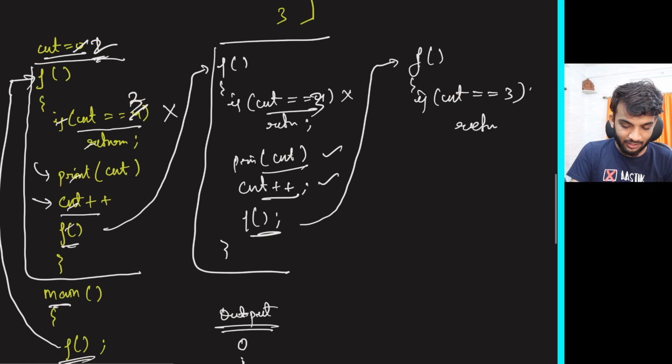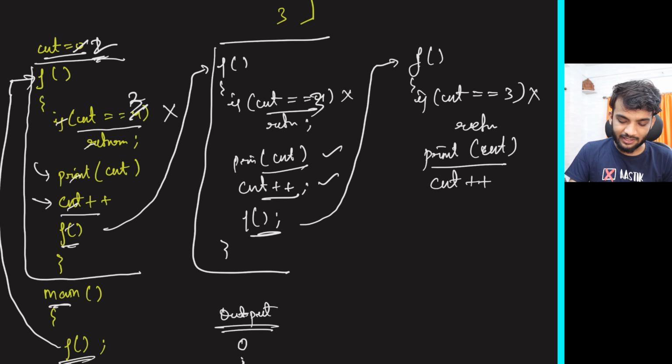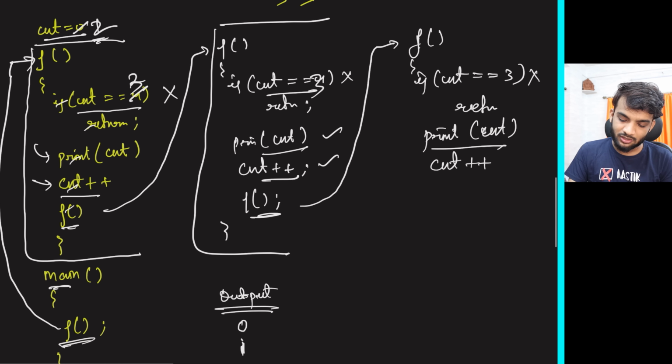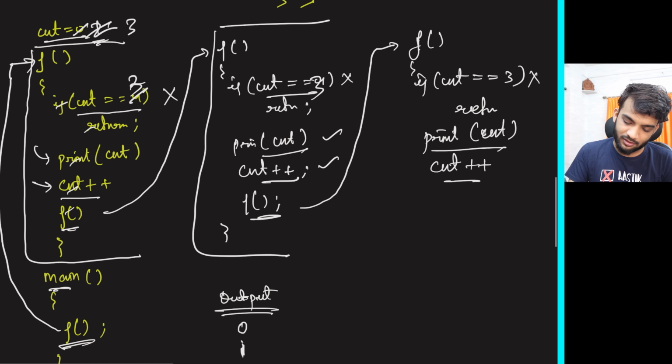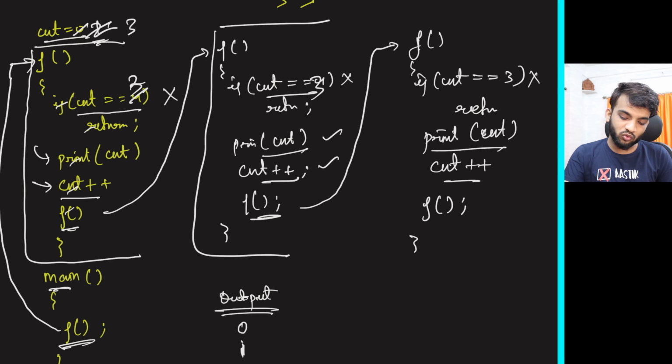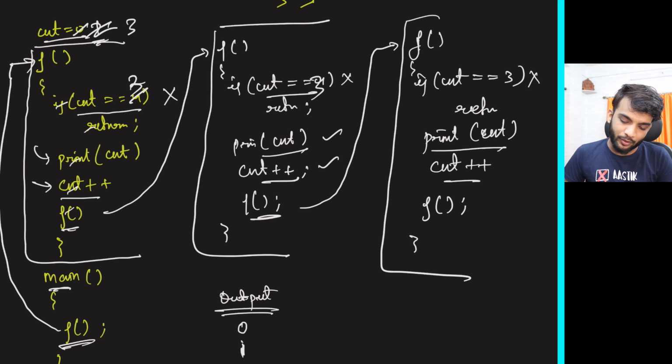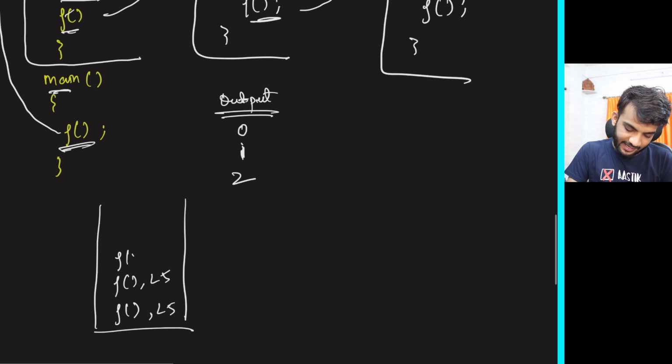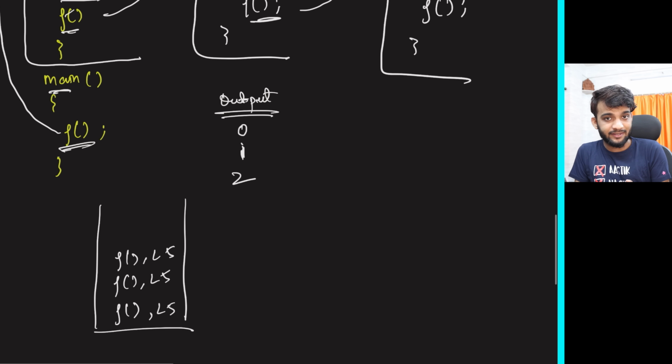So this line is still not executed. You will print counter. Then you will do a counter plus plus. So print counter will be executed. Counter plus plus makes it 3. And then again you'll call the function. Now this guy will again go into the stack space saying I'm still waiting to be completed.